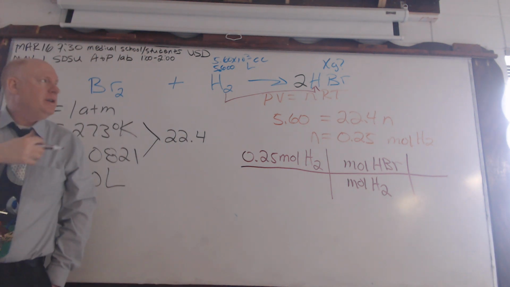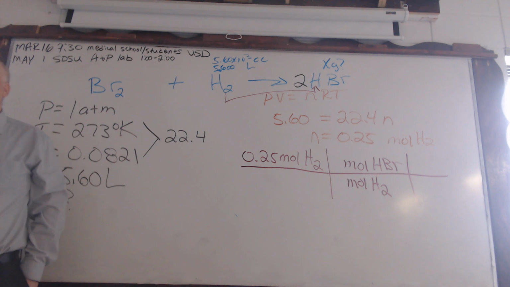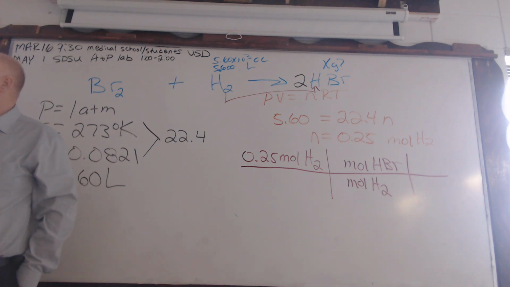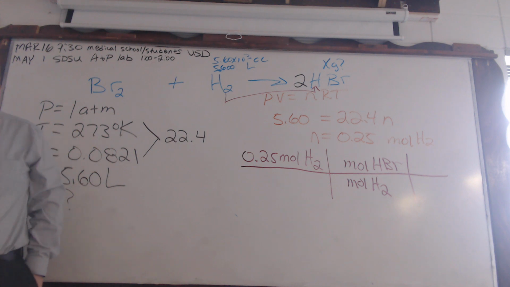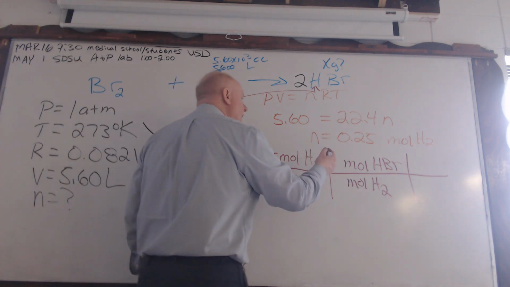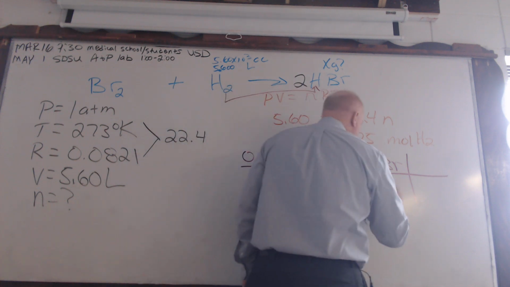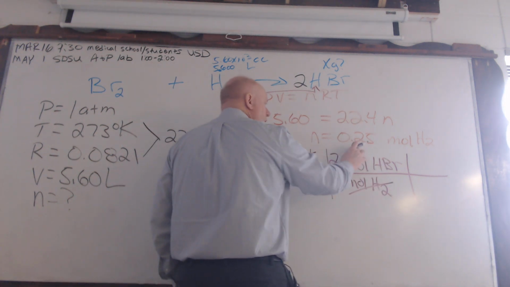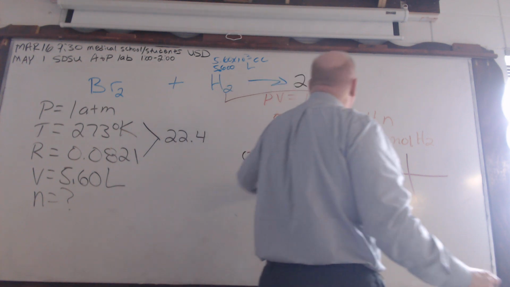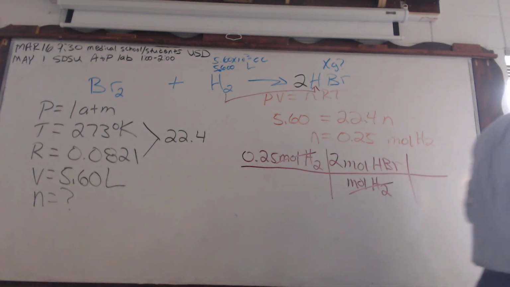So that 2 written in a black marker is important. Why is that? That's correct. It has to go into here. Then these have canceled. We're in moles of hydrogen bromide, but we want grams of this, not moles.